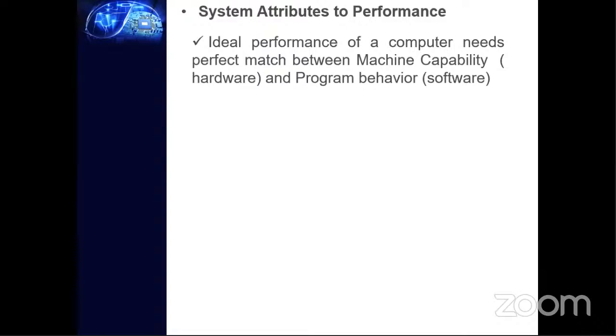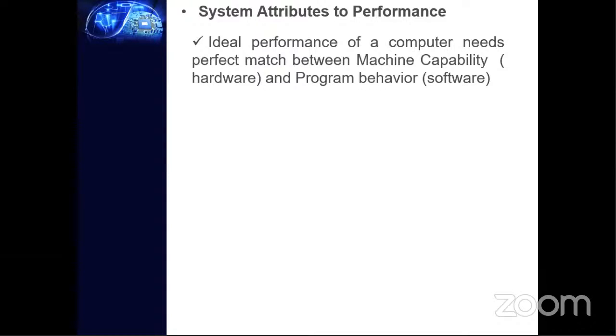Both must cooperate with each other in order to produce the result more fast. So what about the meaning of the first line? Ideal performance of a computer needs perfect match between machine capability and program behavior. It means both hardware and software on a computer must cooperate with each other to produce a result more fast. Then only we'll get an ideal performance.